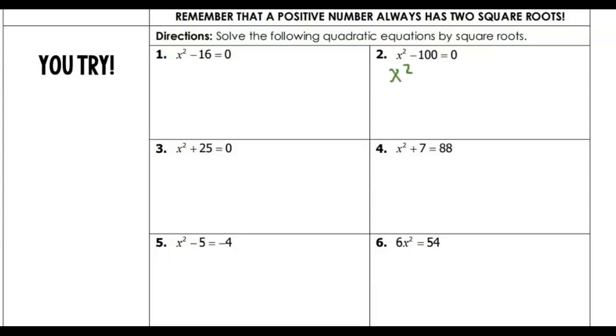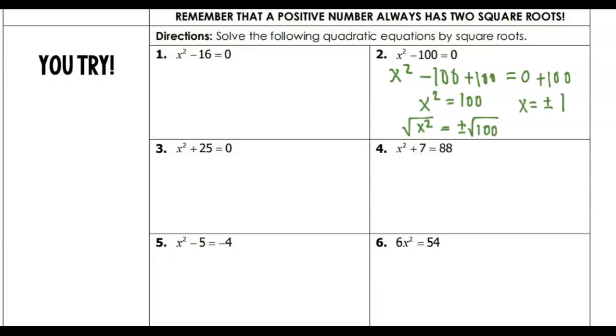In number 2, we want to isolate the x squared, so we add 100 to both sides. That gives us x squared equals 100. If we take the square root, notice again we have two roots, both positive and negative, the root of 100, which gives us plus or minus 10. So we have two roots here, positive 10 and negative 10.